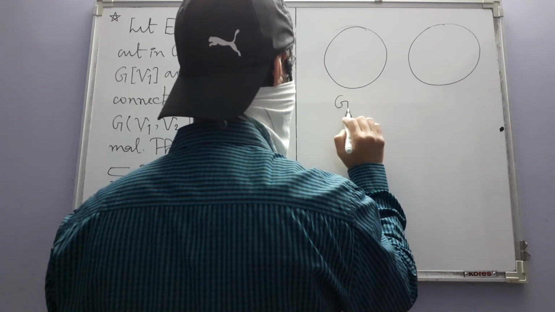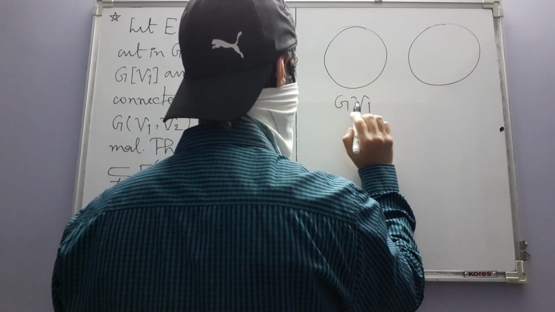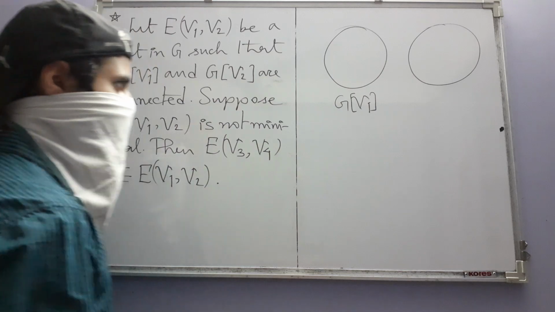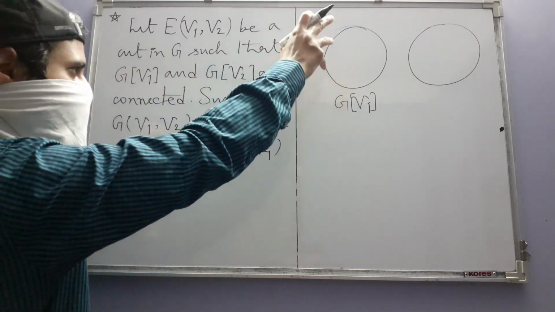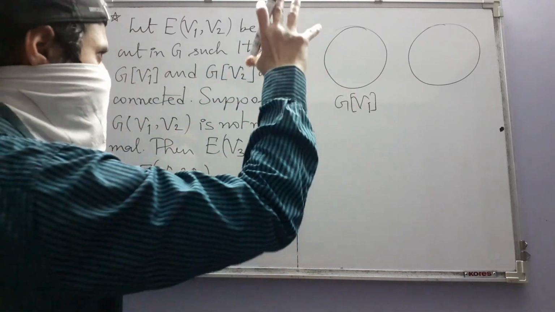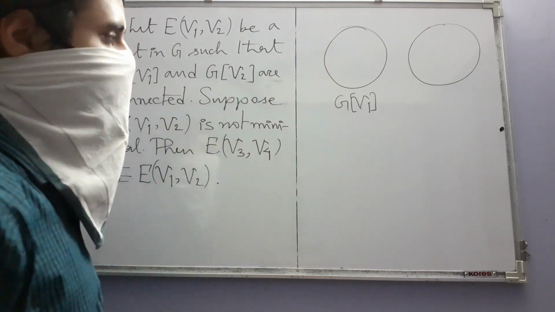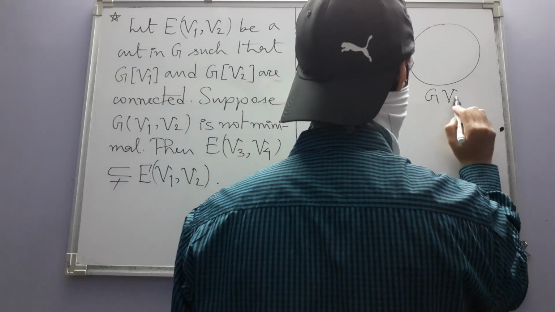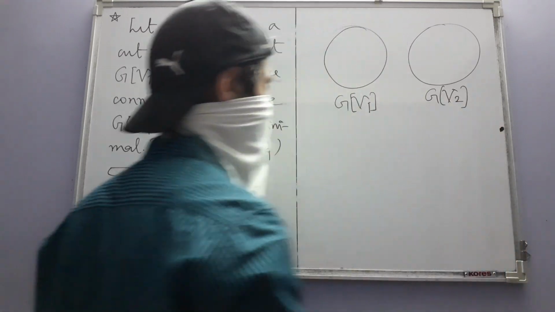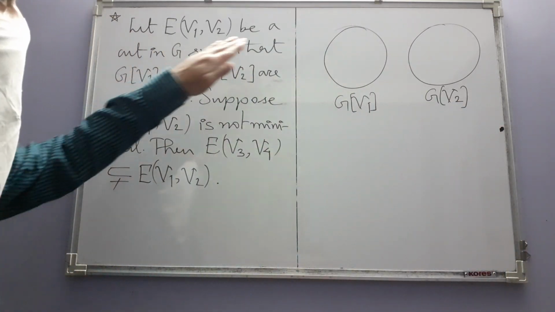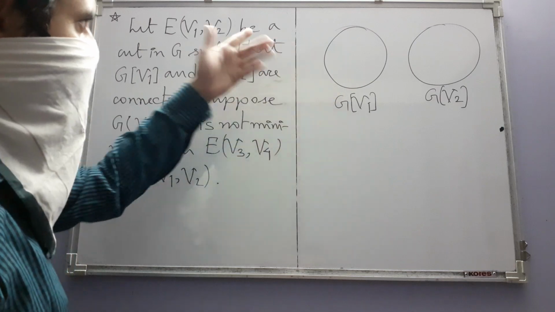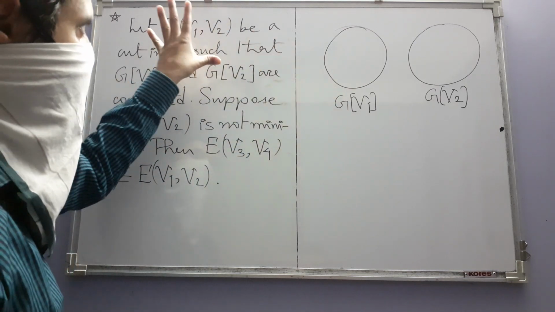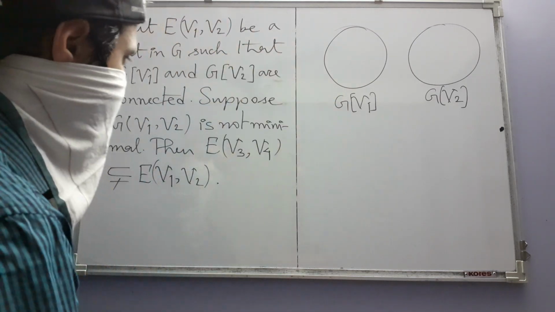So this is GV1, and we know that GV1 is connected. So there are no two parts or three parts there, it's just one connected subgraph in our original graph G. Similarly, GV2 is also connected, and whatever edges we have between these two parts constitute this cut EV1, V2.